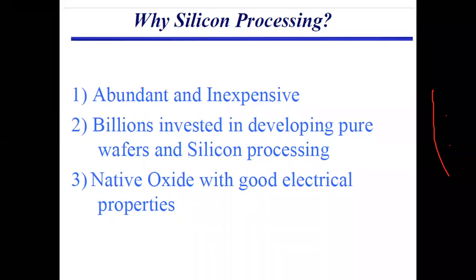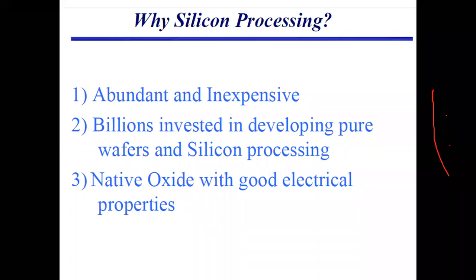Why is silicon normally used for MEMS fabrication? When MEMS originated, it was, and still is, a silicon based processing technology. Silicon based processing technology means the main material is silicon.